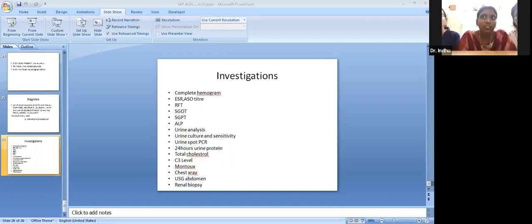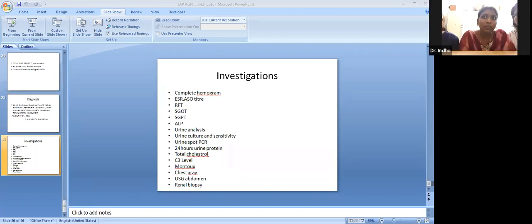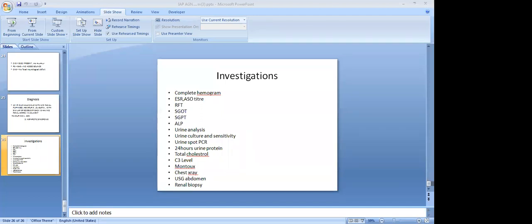What about the C3 values in your patient? Low. So it's a classical AGN. Your first possible diagnosis is PSGN, that is post-streptococcal, what we call IRGN. So of the 4 parameters you mentioned, that is hematuria, hypertension, edema, if possible renal failure.